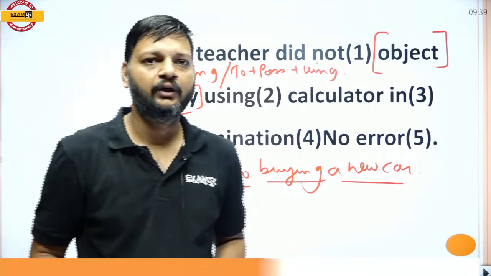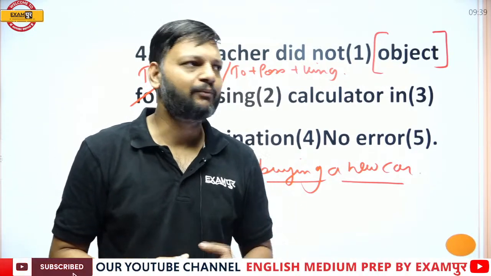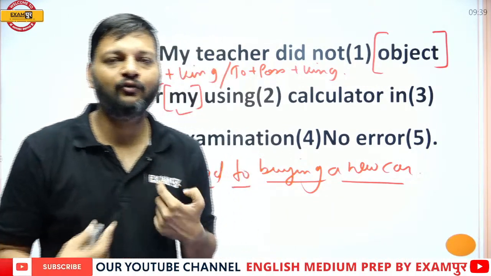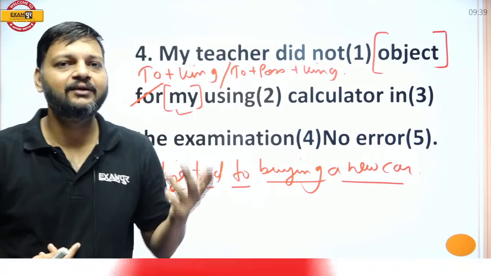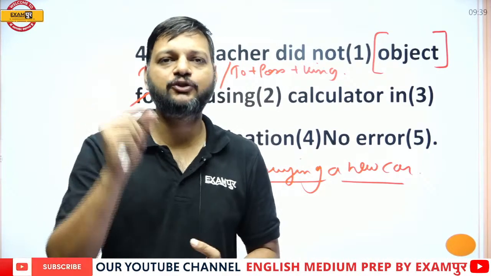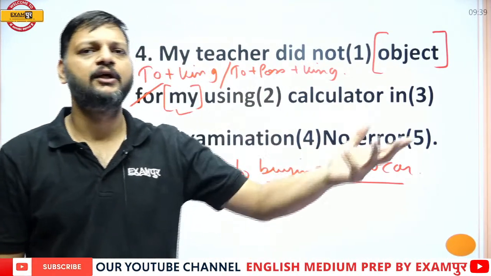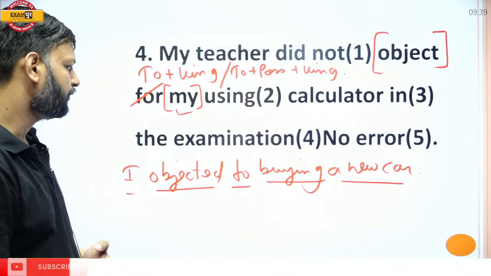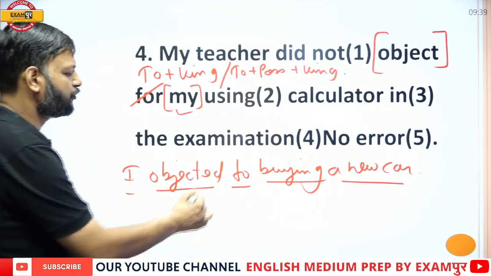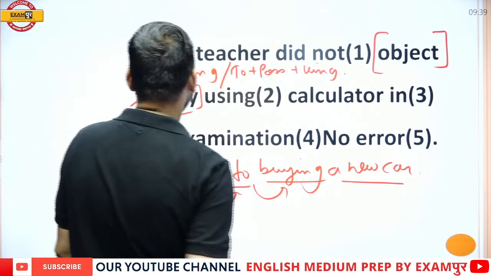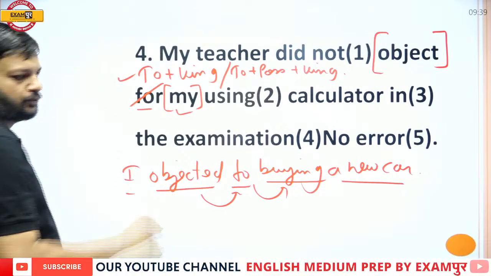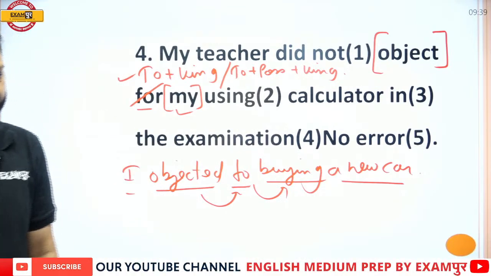My younger brother told me that I am going to buy a car. I said no, you can't. I objected. So when I say that I objected, it must be followed by to plus gerund. I objected to buying a car. So objected is always followed by to followed by a gerund. So here in place of for you have to use to.